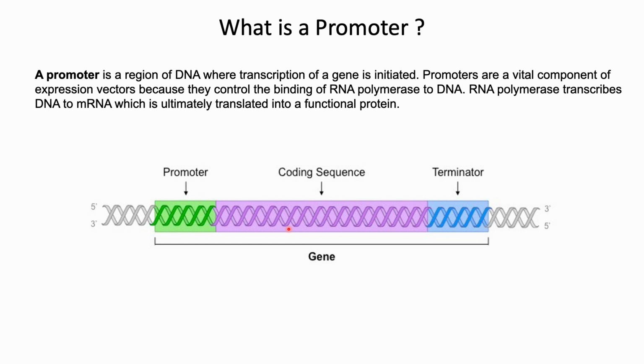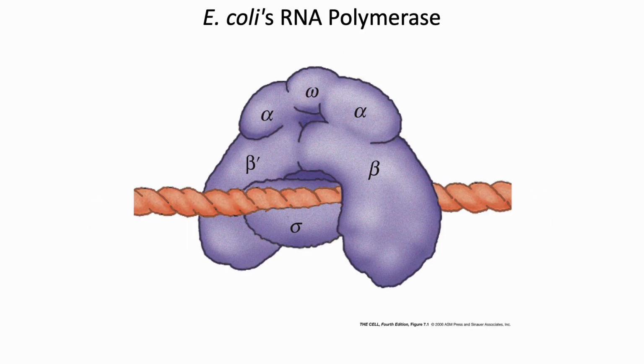Now, before we learn more about promoters, we should know about the structure of the E. coli, that is the prokaryotic RNA polymerase. This is the typical structure of E. coli's RNA polymerase.